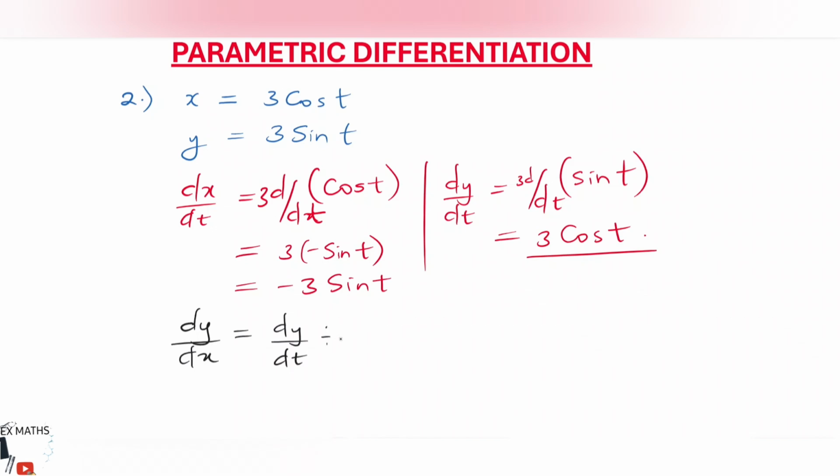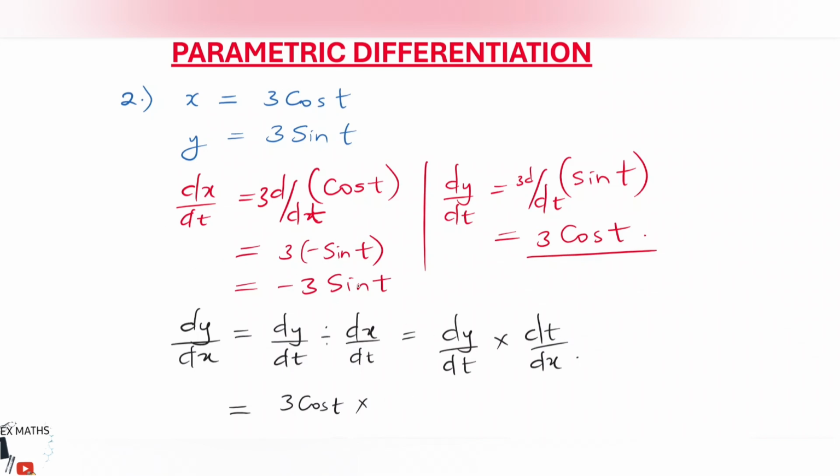divided by dx/dt. This is going to give us dy/dt multiplied by dt/dx. Our dy/dt is equal to 3 cos t, multiplied by dt/dx.